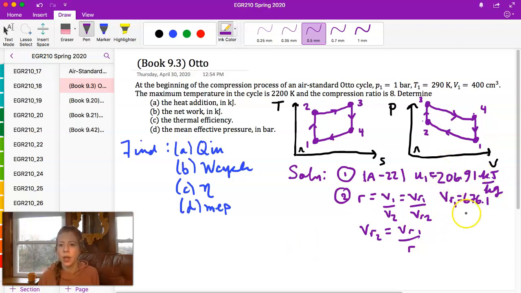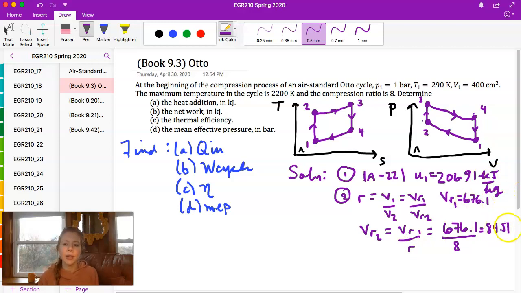There are no units on this, because it's meant to be used in these ratios. Now we use 676.1 and divide by R, which is given to us as 8. And that gives us a VR2 of 84.51.